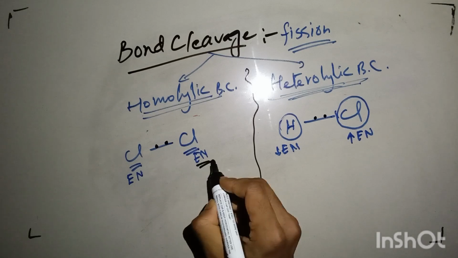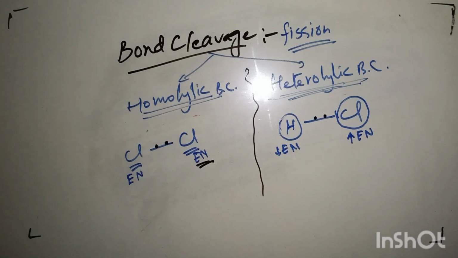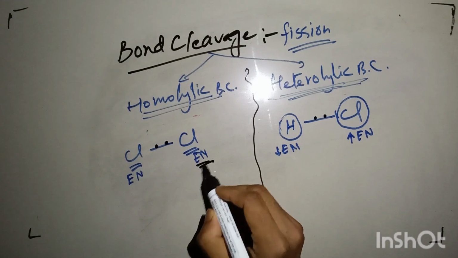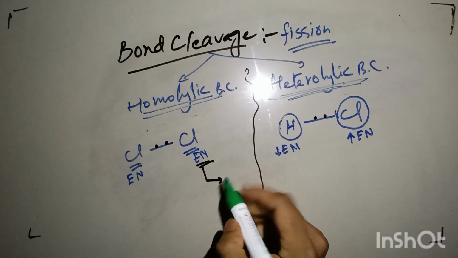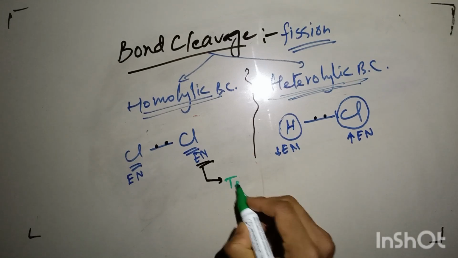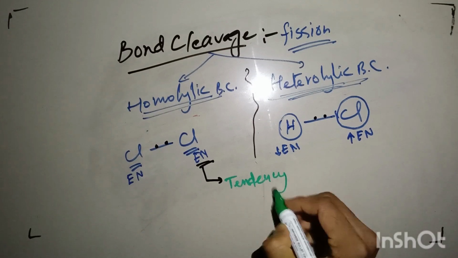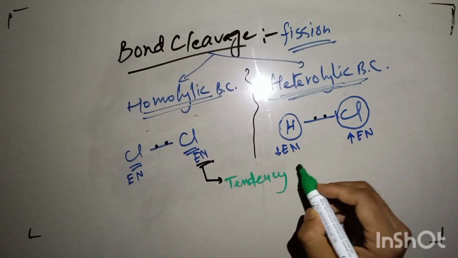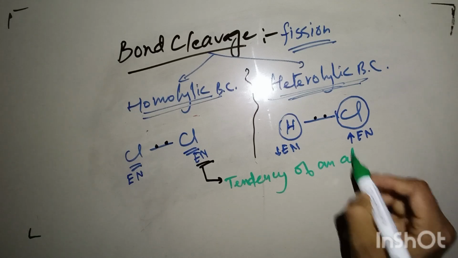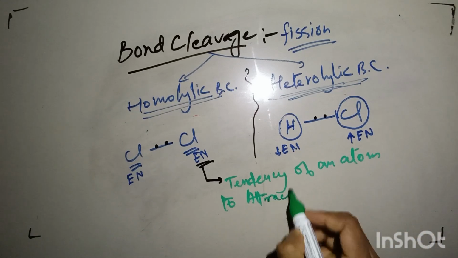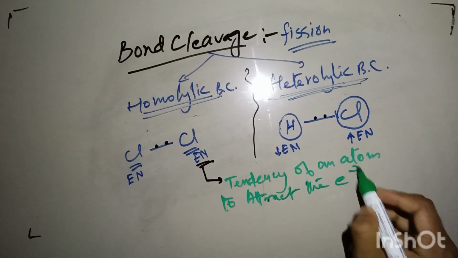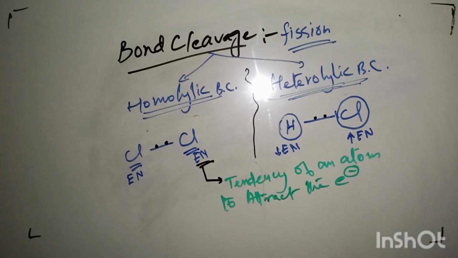First of all, what is electronegativity? Electronegativity is the tendency of an atom to attract the electron. Since this chlorine has more electronegativity and that hydrogen has less electronegativity, what will happen?